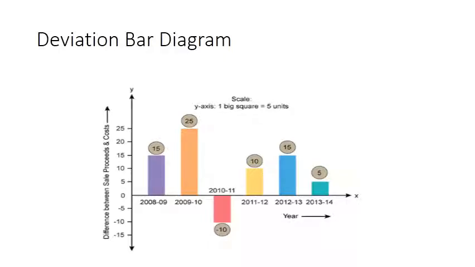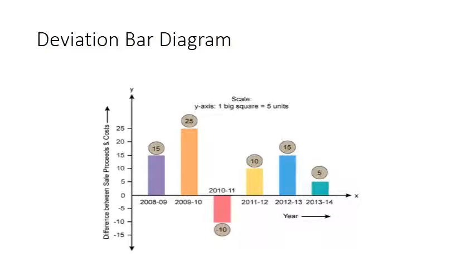One more is the deviation bar diagram. Sometimes we measure the deviations. Here you can see this example. Difference between sale proceeds and costs. You can see in 2008 and 2009 there has been an increase of 15 units.